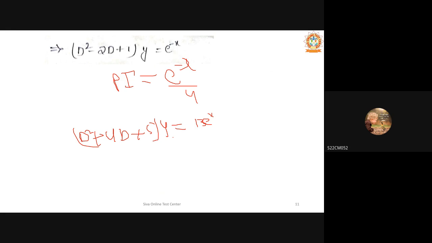Thirteen e power x by 10. Yes, sir. 13 e power x by 10 is the correct answer, నాన్న. This is your answer.